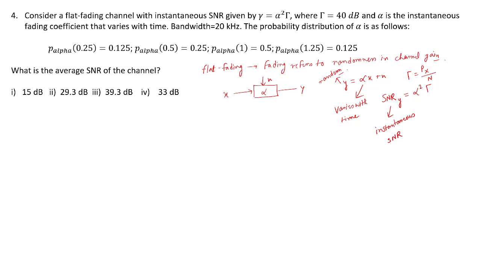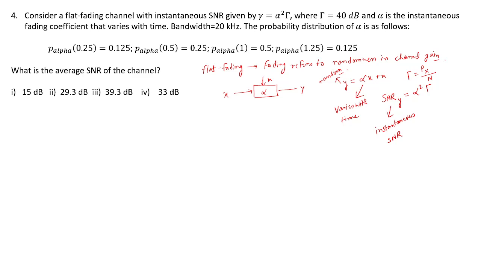Because alpha varies with time, so this induces randomness in the received Y. Y now not only depends on X but also depends on alpha, which varies with time. Therefore, at any time instant, the SNR you obtain from the expression of Y is dependent on alpha.